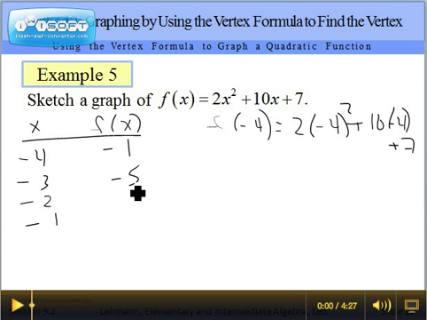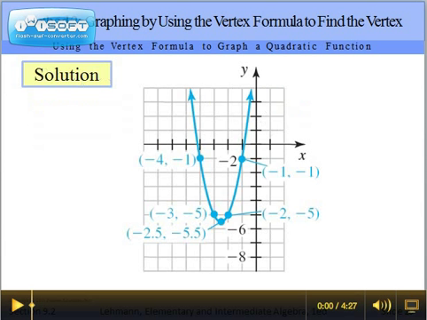At negative 2, I'd also end up with negative 5, and at negative 1, I'd end up with negative 1. So now I have a table of values that I could also use to graph this function. So I plot these points and connect them with a smooth curve. Notice that my leading coefficient is positive, so my parabola should be upward facing. So here are the points plotted and the sketch of my parabola.